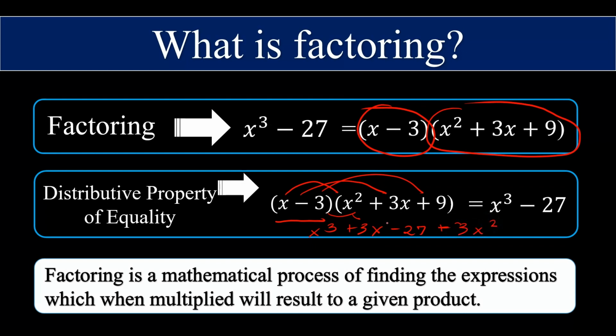So, 3x squared diba? Next is negative 3 times positive 3x is negative 9x.